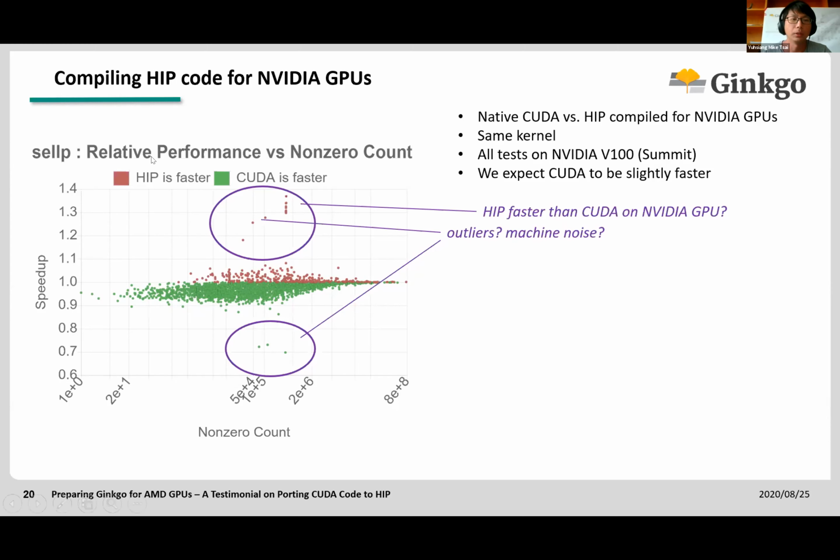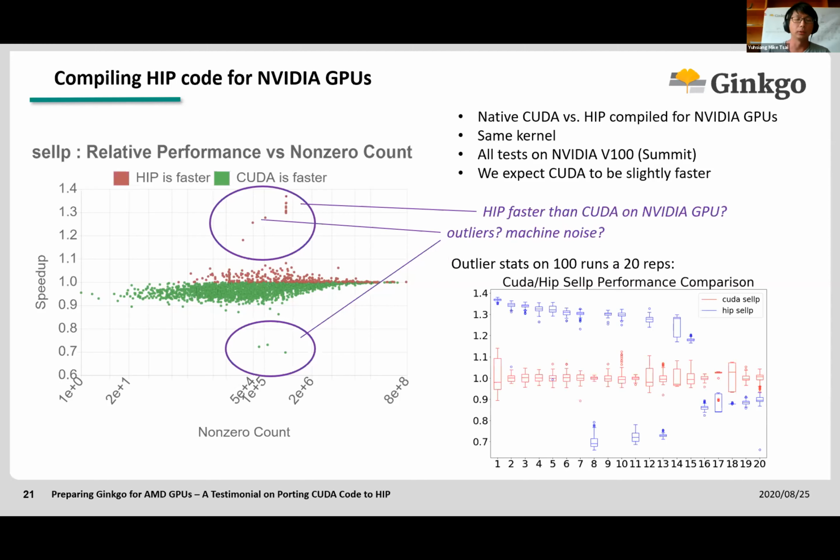So this is the CSR SpMV here. Except for some outliers, in general, it performs as we expect. But the outliers may be some machine noise or some compile difference, because we also looked at the PTX code, and we see it is a little different between the CUDA structure and the HIP structure. So maybe it is introduced by the difference or some machine noise here.